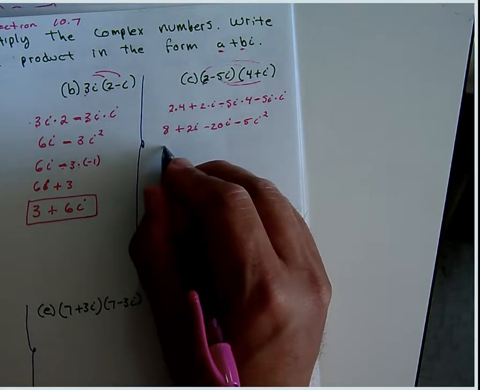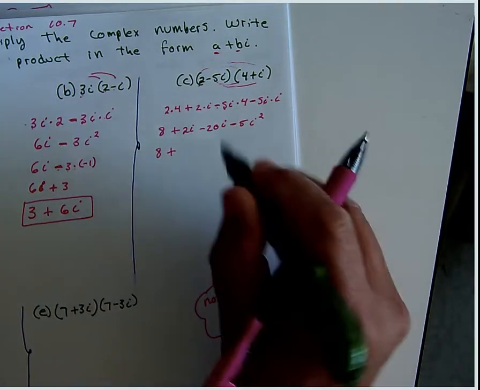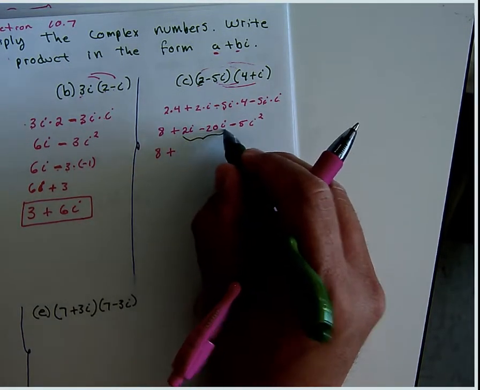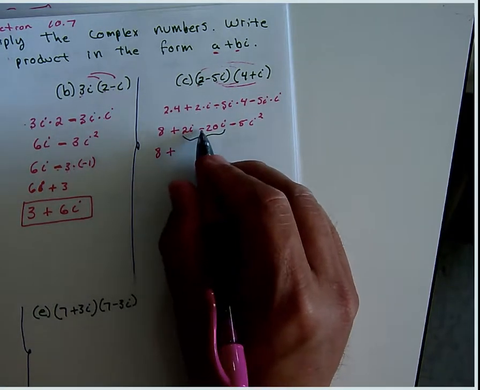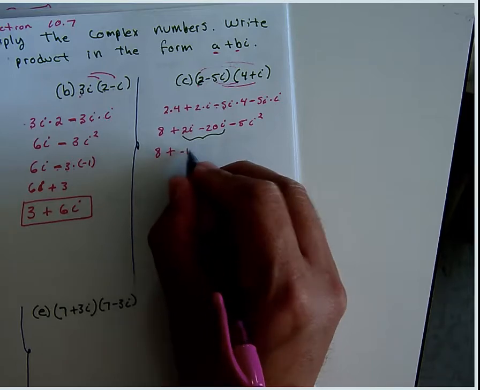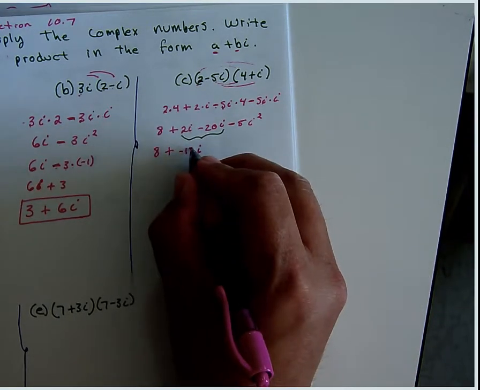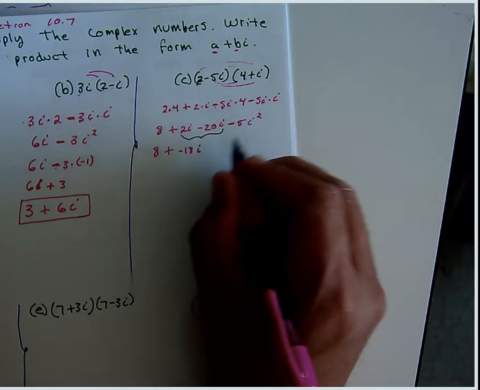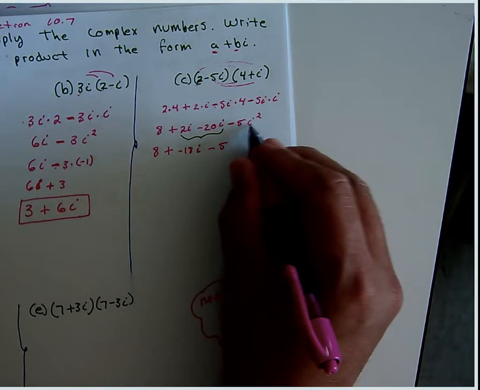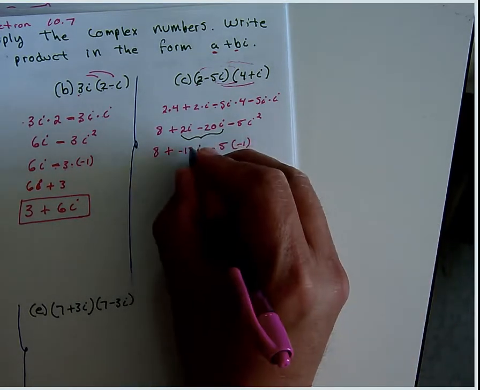So now let's do 8 plus, you can actually combine these two. 2i minus 20i gives you negative 18i. And I'll put the negative by itself later. So negative 18i, minus 5 i squared would be negative 1.